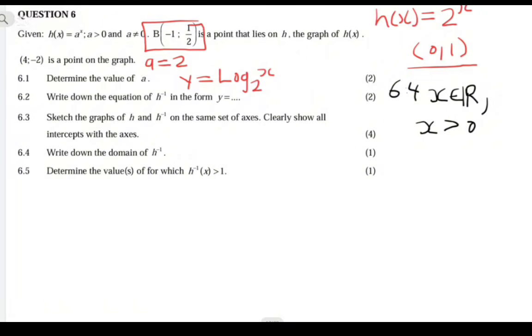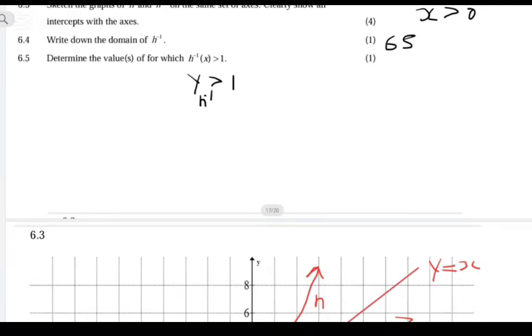So going to 6.5 is determine the values of x for which h, the inverse actually, is greater than 1. So h, remember, h of x is equal to y. So where y is greater than 1, the y of h of negative 1. So they want the values of x where h of negative 1 is greater than 1 actually.